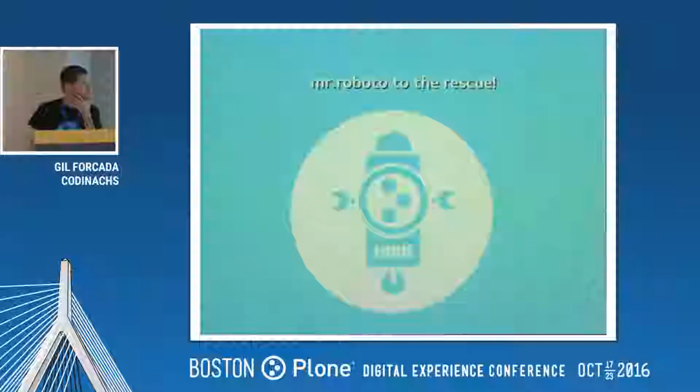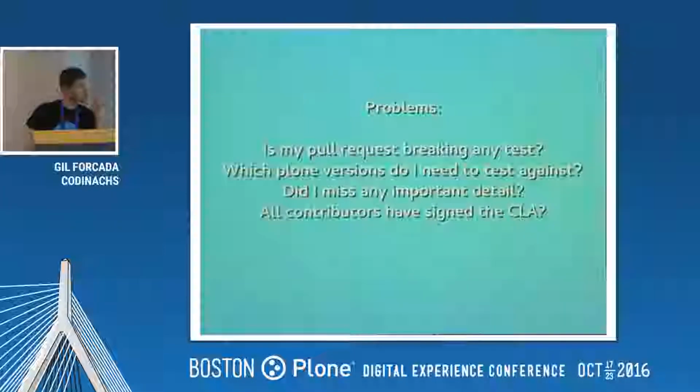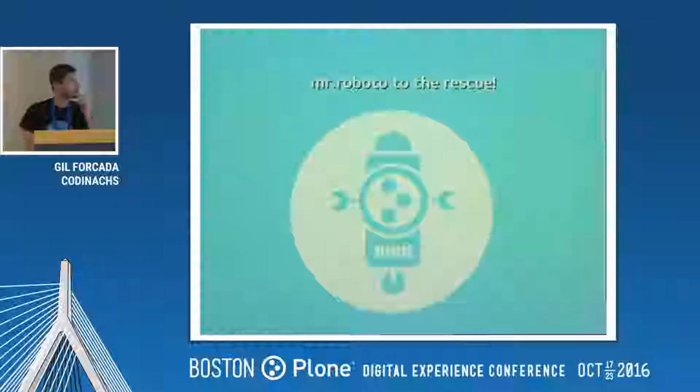So fortunately, for all these things, we have Mr. Roboto, which is basically a Pyramid app that listens to GitHub activity and then reports back to GitHub and also tells Jenkins to orchestrate everything.